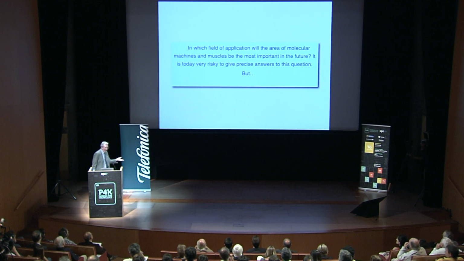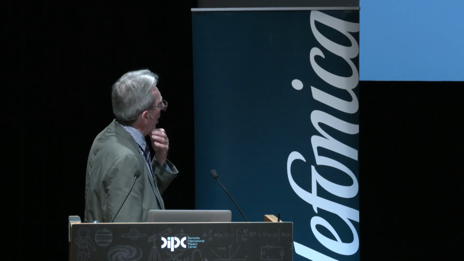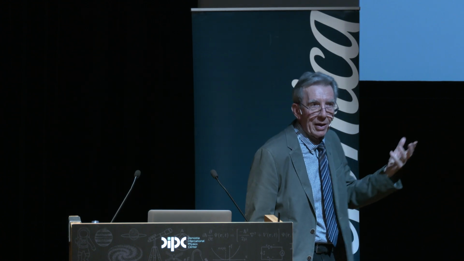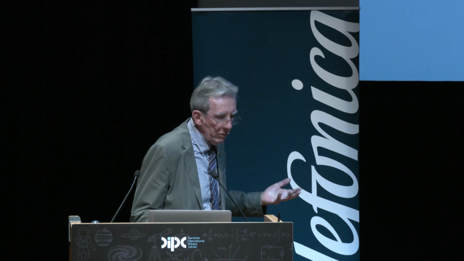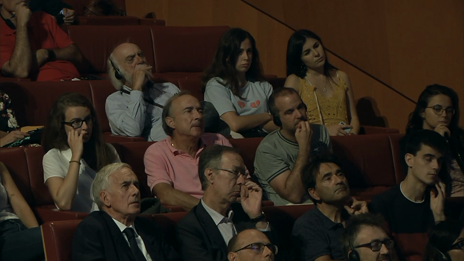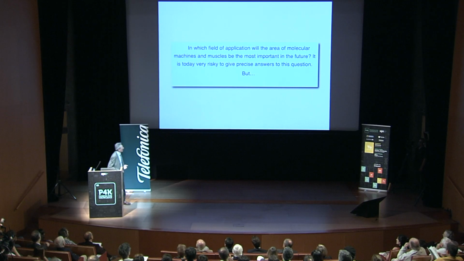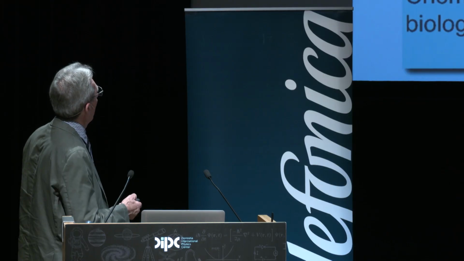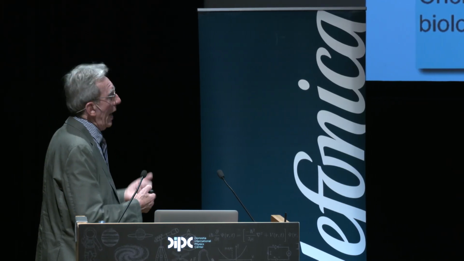The question you may ask is, so in which field is it going to be important from a practical viewpoint? These questions are very difficult questions, but there are already big projects oriented towards applications, and mostly artificial enzymes.